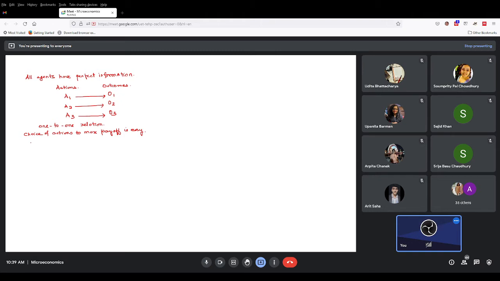Right? You simply have to find out the ranking of O1, O2, O3. Let us suppose we have this ranking. So which action should you choose? So O3. So we choose action 3.